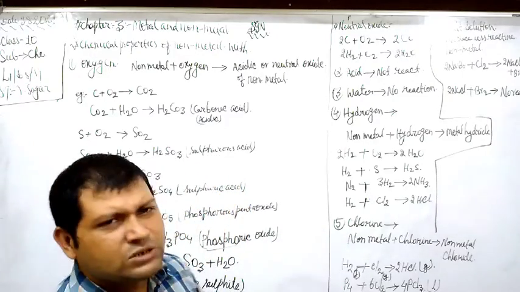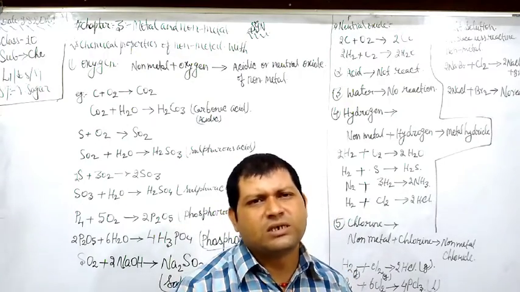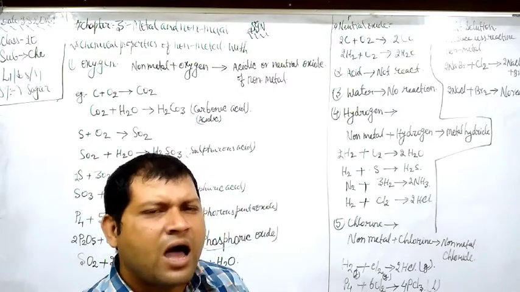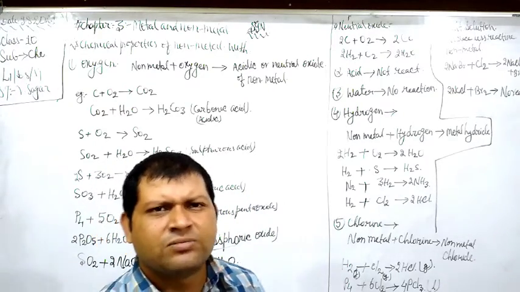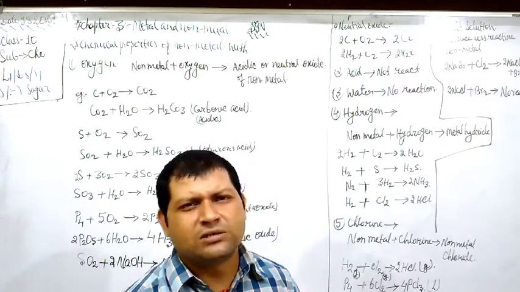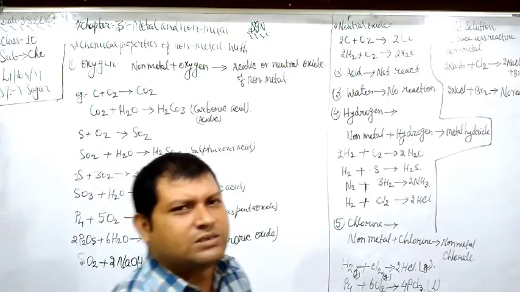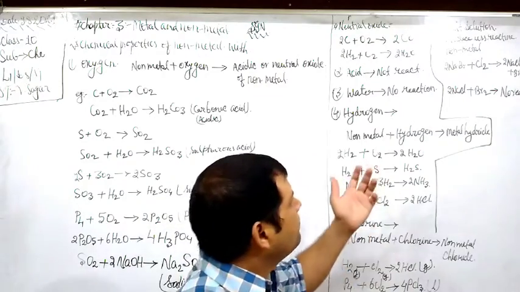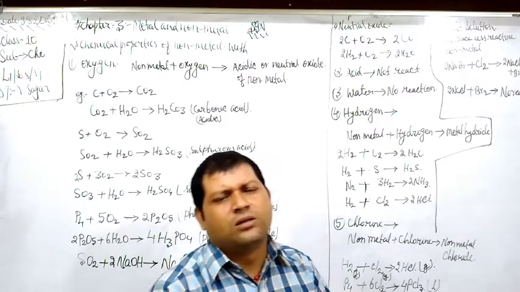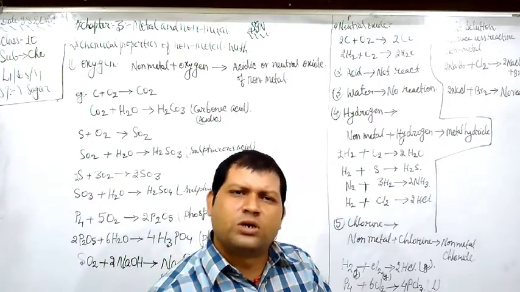Now the reactions of nonmetals with salt solution. Nonmetals sometimes react with salt solutions, and the more reactive nonmetal displaces the less reactive one from its salt. For example, when sodium bromide reacts with chlorine, then what happens? It displaces the bromine and forms sodium chloride.